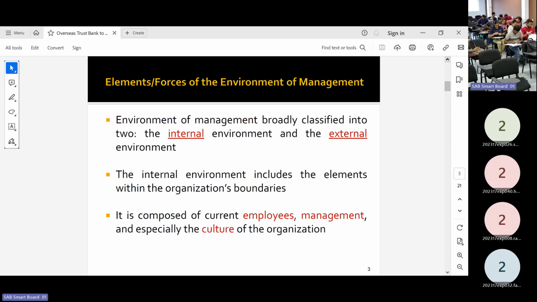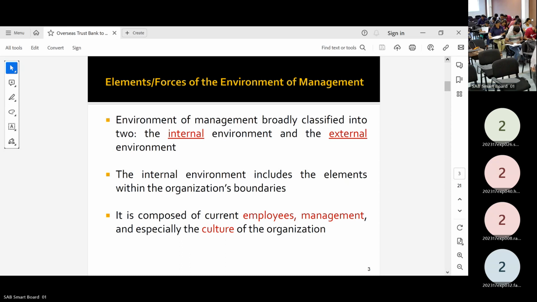Environment of management includes, or comprises, or consists of different elements.